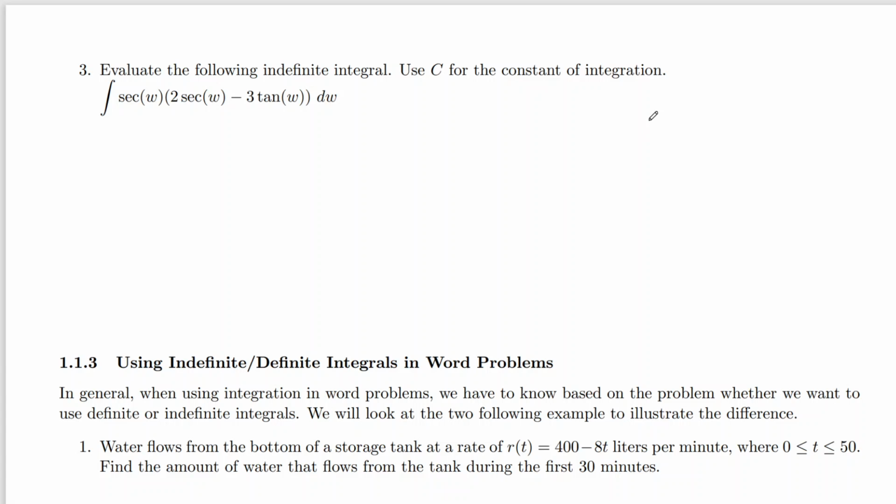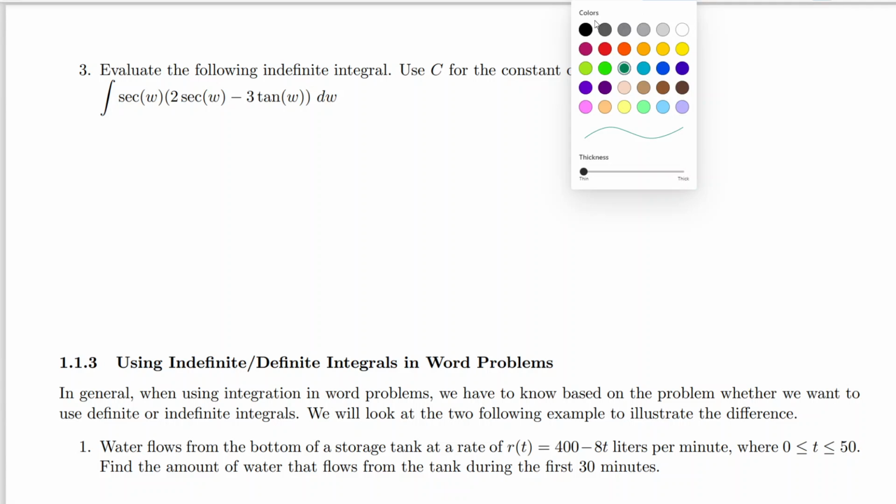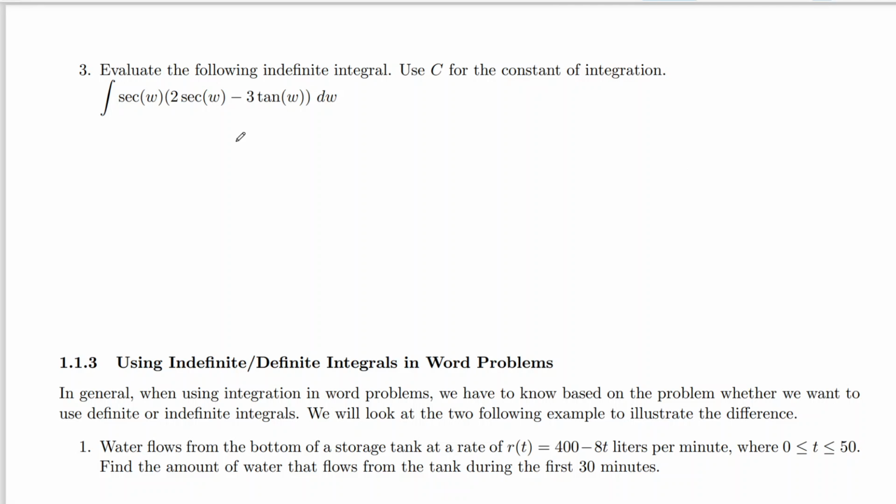Well, because we don't have a rule for multiplication, what should go off in your head is that we should actually distribute, or I mean, this isn't a FOIL one, so straight up, we should just distribute the secant of W through, because we got to get rid of that multiplication.